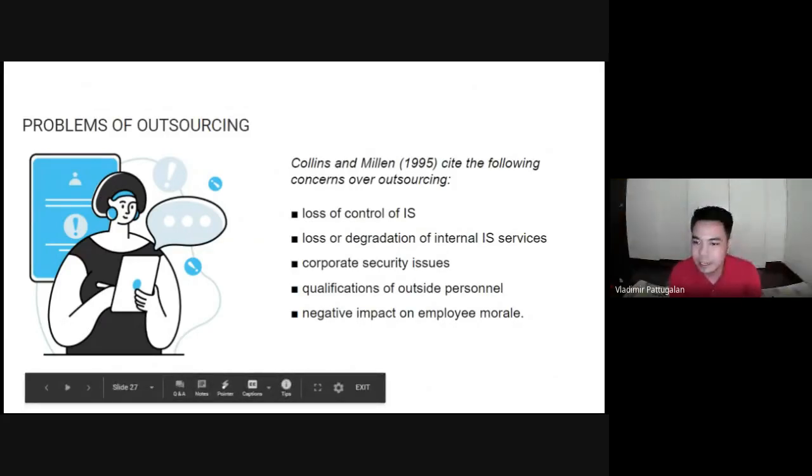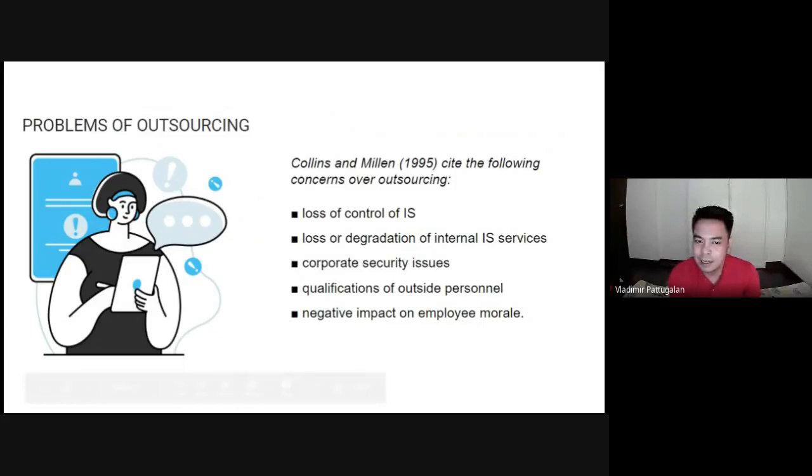I think this is always a huge risk when you're turning over certain functions to an outsider. So it risks losing control of that function.